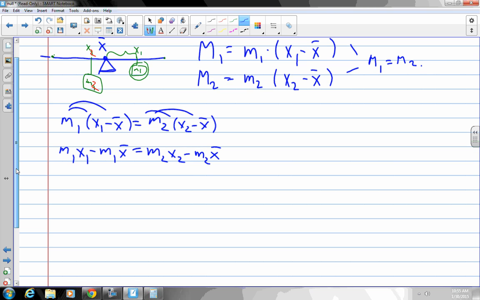Is it x1 minus x bar, or the other way around? I think the other side is the other way around. Well, okay, so we'll just do absolute value. So then, let's analyze that. So yes, I need to flip that, right? Because x bar is greater.